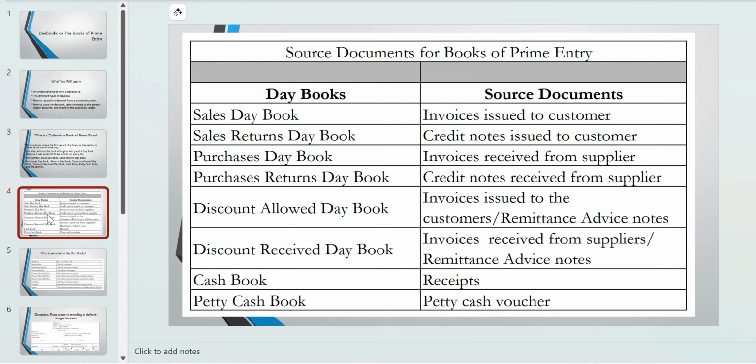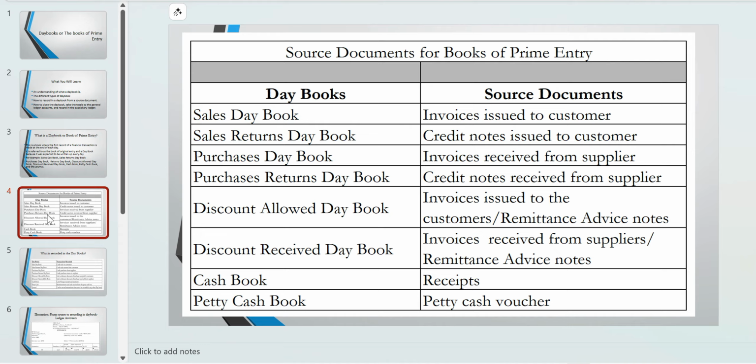You look at the invoices and then you record the discounts given. Also, you can extract that information from a remittance advice note. Also, discount received day book, you can extract information recorded in this day book from either invoices received from suppliers or remittance advice notes.